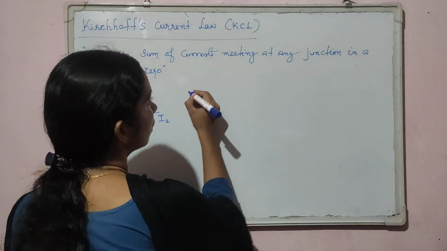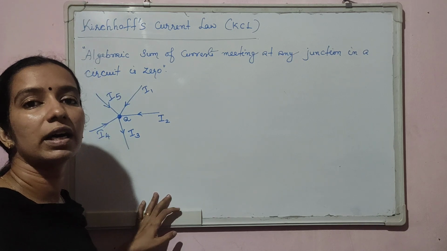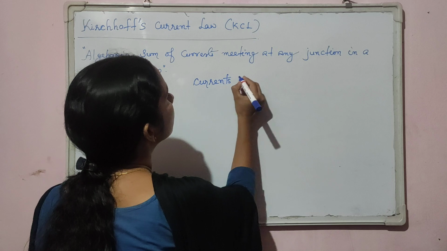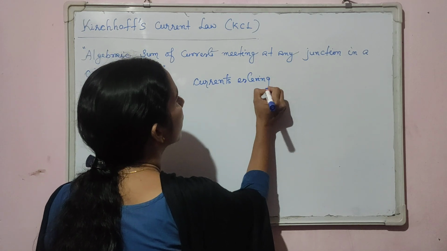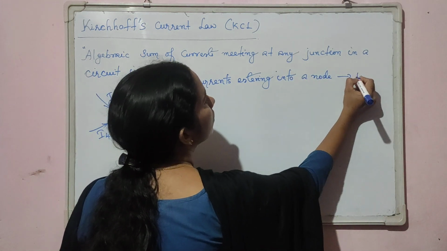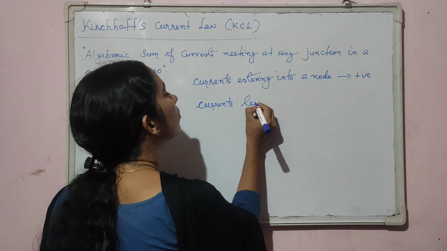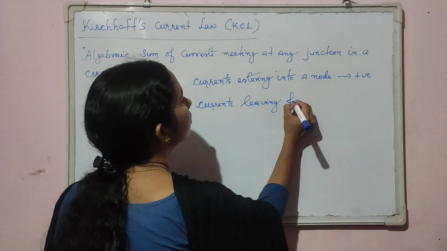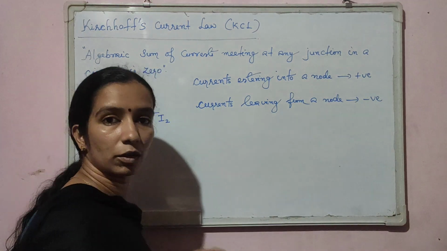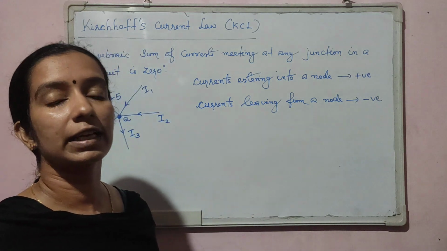By convention, all the currents entering into a node are taken as positive and all the currents leaving from a node are taken as negative.